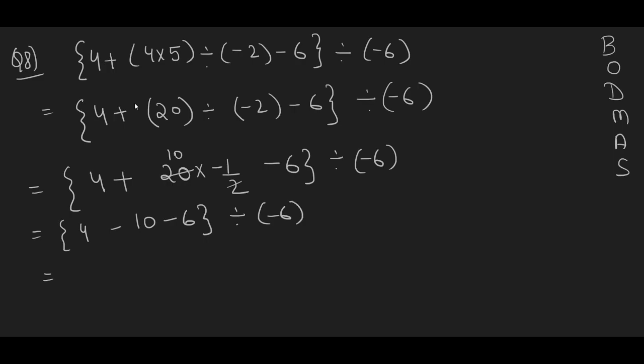So this will become -10 minus 6 will be -16, and 4 minus 16 will be -12 divided by -6. So -12 into -1 by 6 will be 2. So your answer is 2, children.